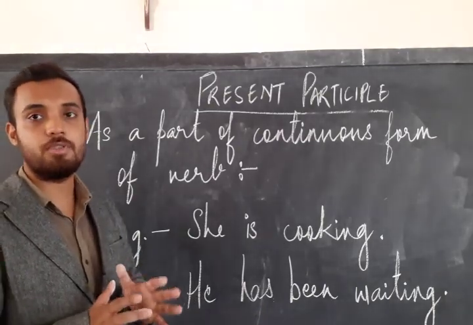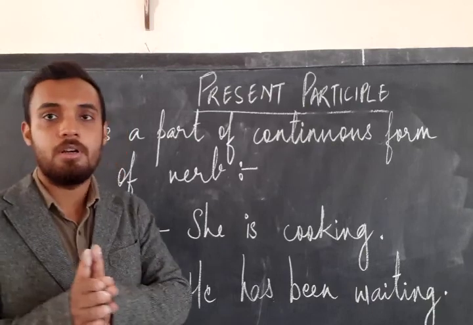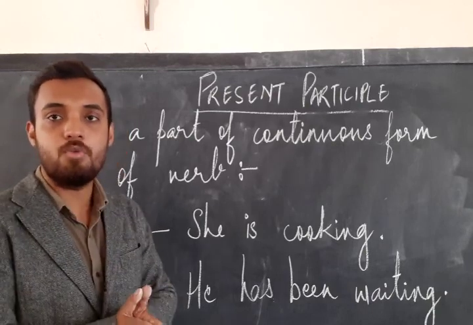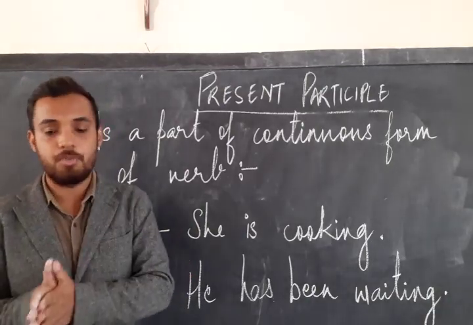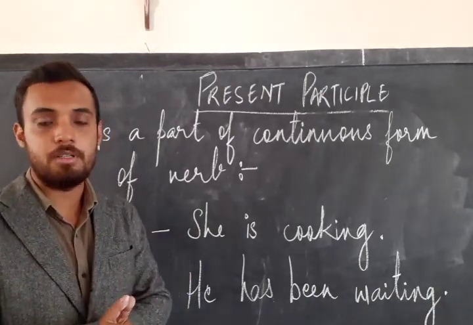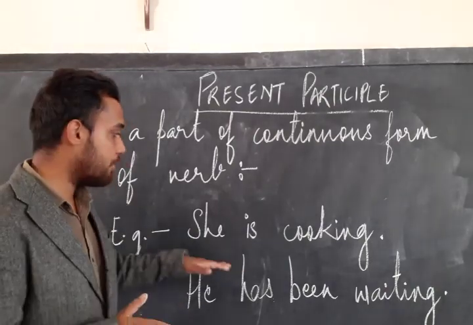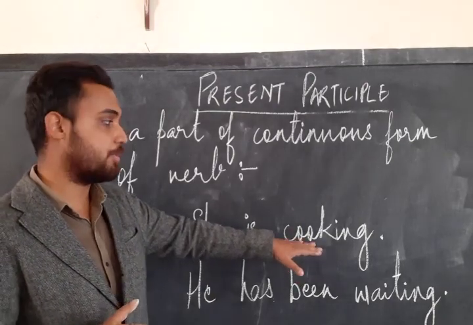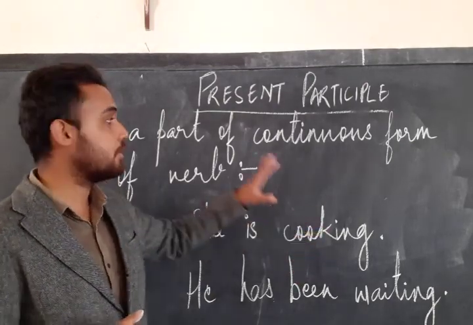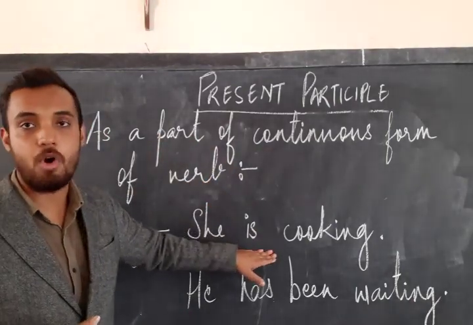Remember I told you while I was teaching the gerund, not to get confused between ing and the continuous tense. A gerund was used as a subject, as an object and a complement of a verb. But over here, since we are discussing the present participle, the first thing is that it is used as a part of the continuous form.